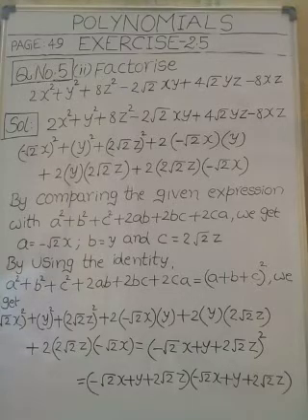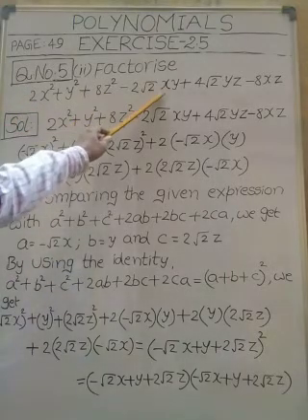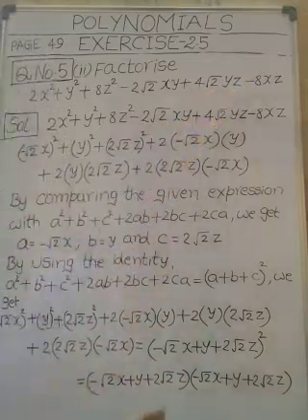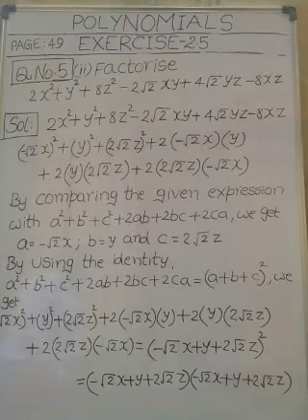Here this is a given algebraic expression. If you observe this algebraic expression, there are 6 terms. This is the first term, this is the second, this is the third, this is the fourth, this is the fifth, and this is the sixth. Total 6 terms are there. So let us write all these 6 terms according to our convenience.